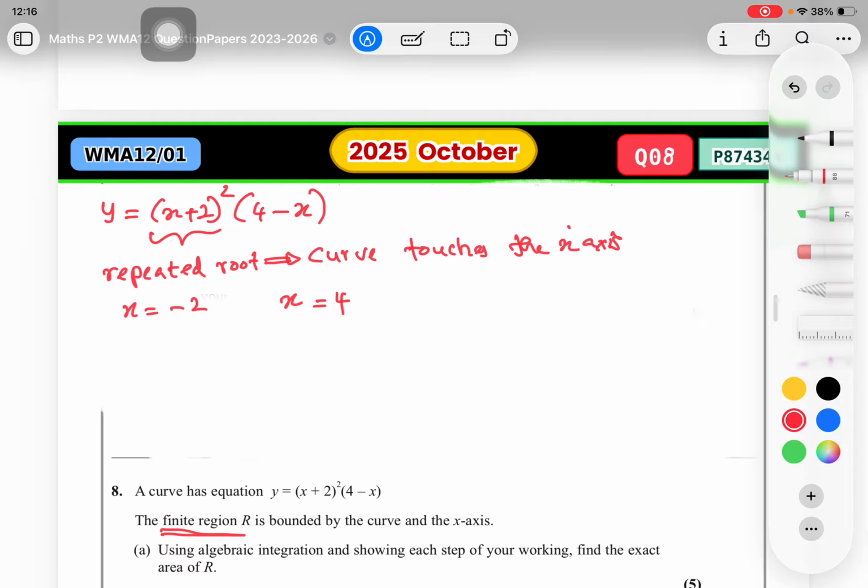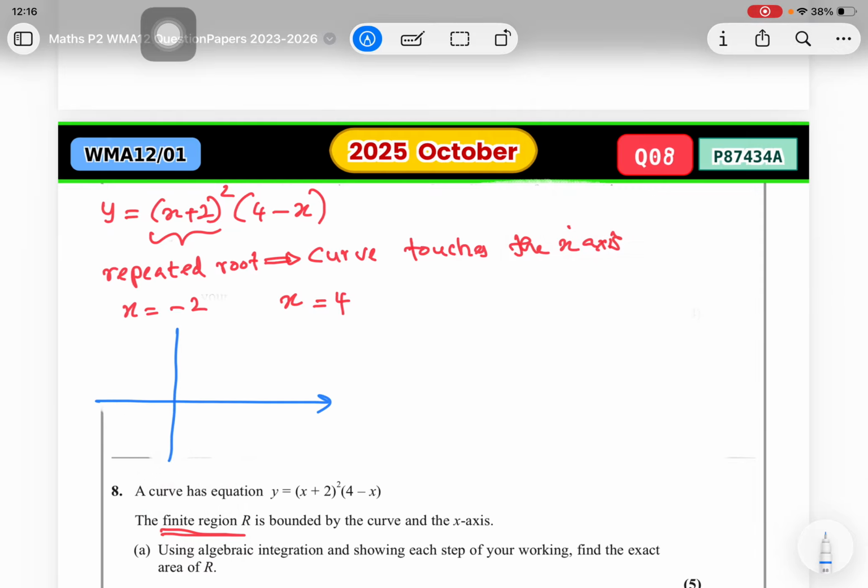You have x = −2 and x = +4. So we know this is going to be a curve which touches here and crosses at the other value.